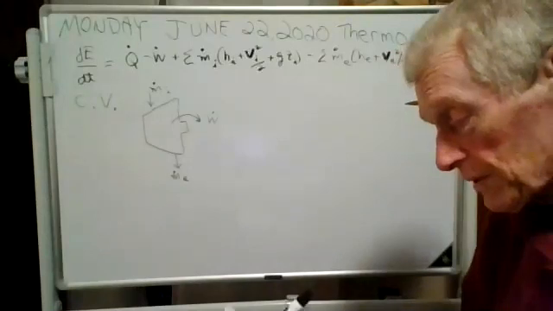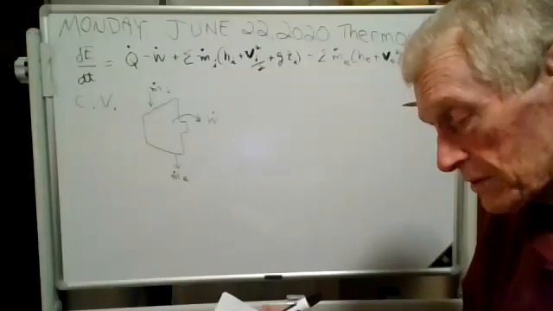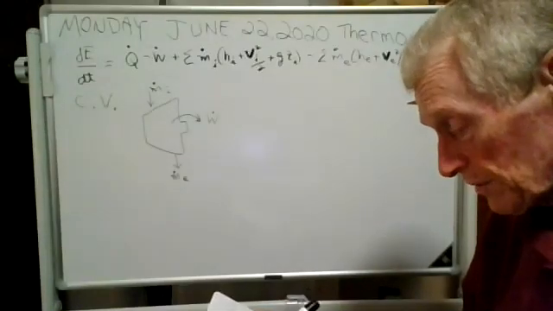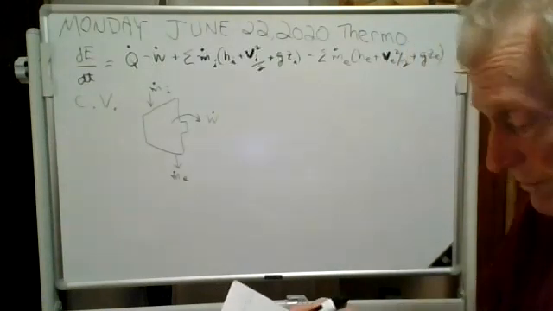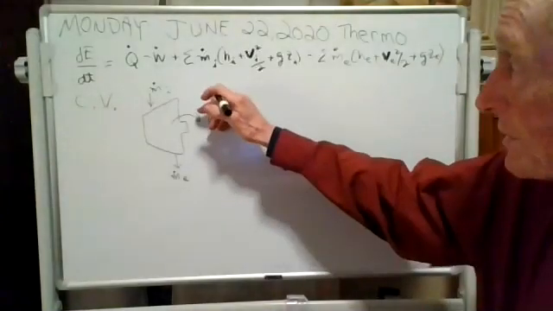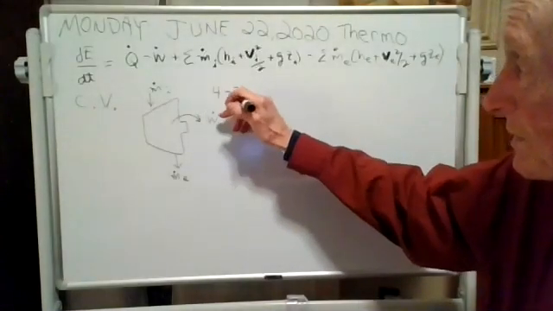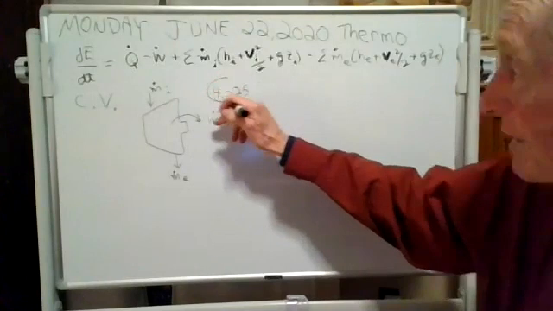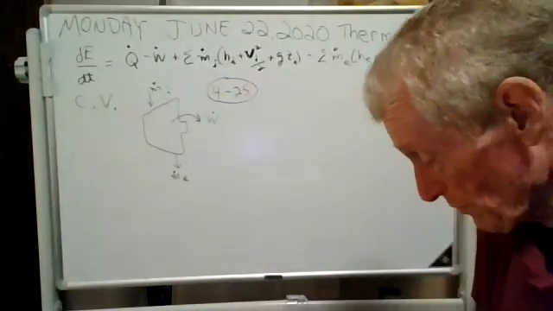The problem we're going to do is problem number 4.25, a turbine.